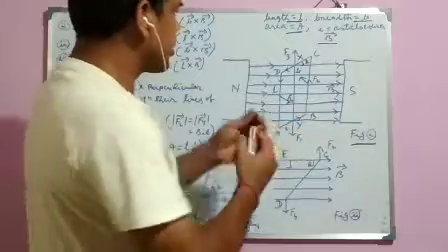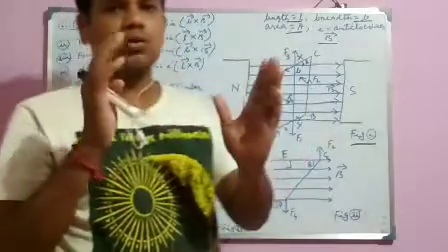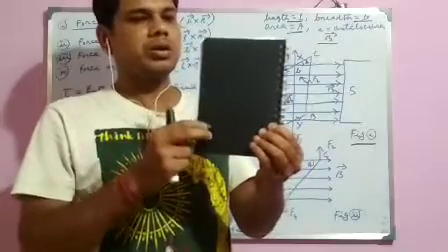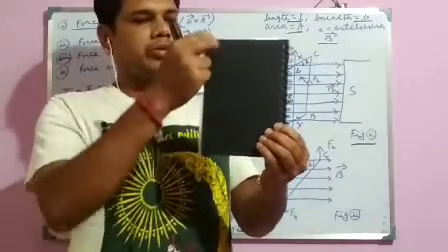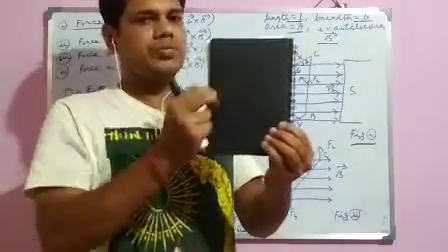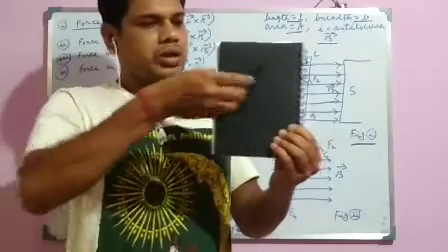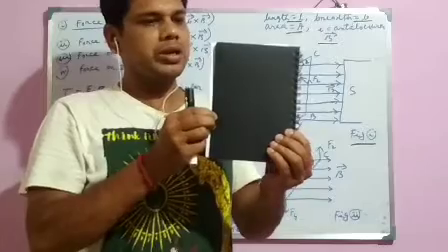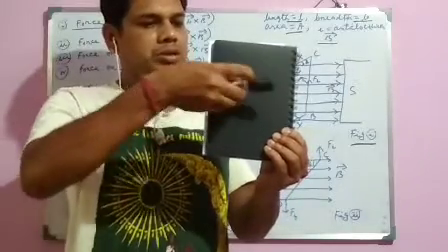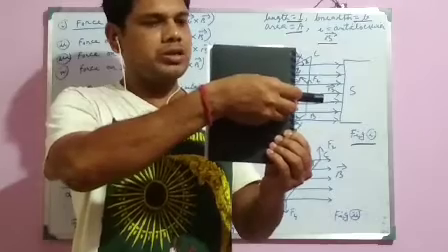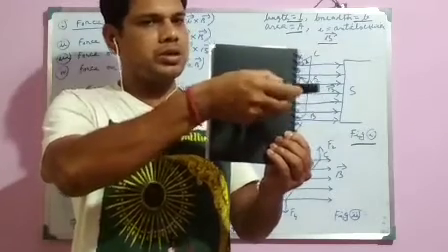This current carrying rectangular loop can rotate. This is the length, this is the breadth. Magnetic lines of force pass like this, and the angle between the direction of the magnetic field lines and the plane of the loop is theta.